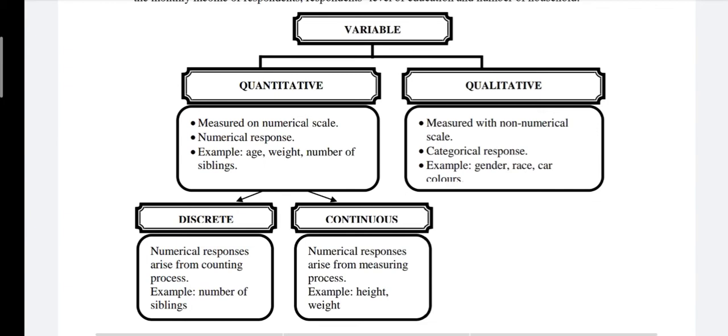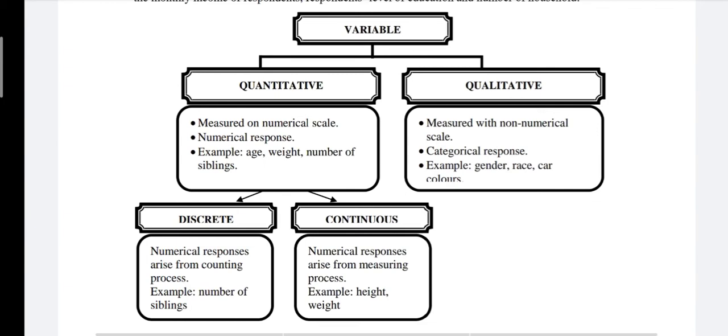That is the discrete, arising from the counting process. But different with the continuous, it arises from measuring process. Contohnya height, weight. Okay, benda ataupun variable yang can be expressed dalam decimal places will be the continuous.